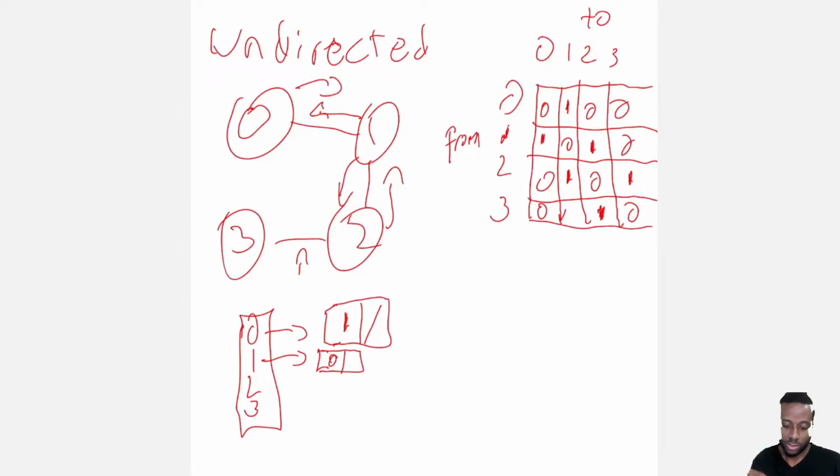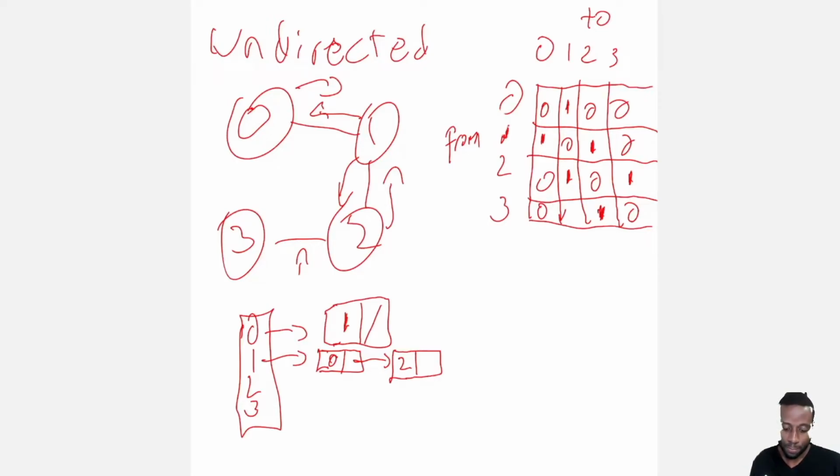All right, so we got 0, and 1 is pointing at 0. And then we need to show that 1 is also pointing at 2, because 2 also has a connection with 1, so we put a 2 in there, guys.